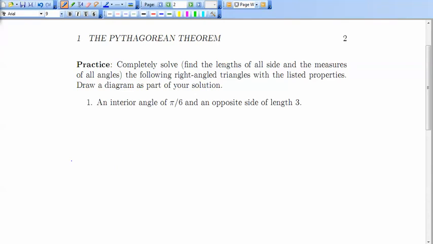So the first thing we'll do is draw a picture. I know I have an interior angle of size pi by 6, and it says here the opposite side has length 3. That's that one there. Well, I know that all the angles inside my right angle triangle have to add up to pi radians. So if I take pi and I subtract pi by 6, and I subtract the right angle, that'd be pi by 2, well, our common denominator here is 6.